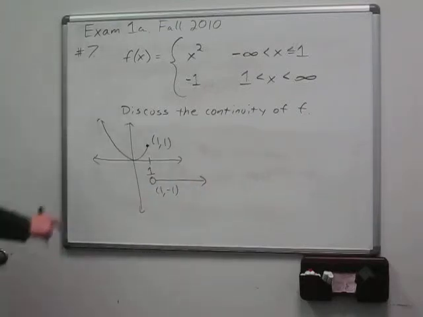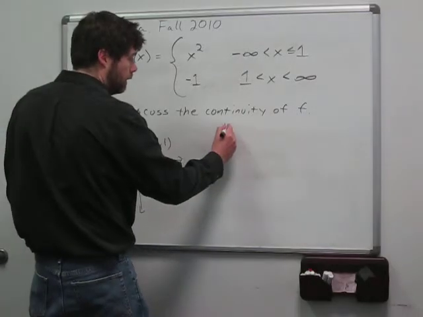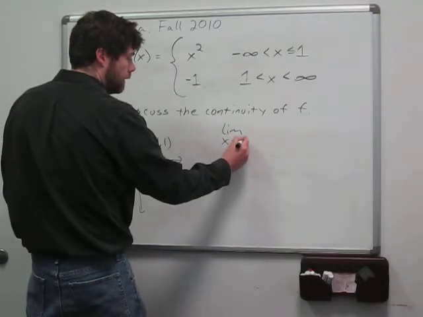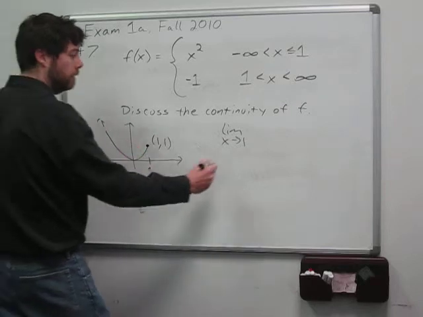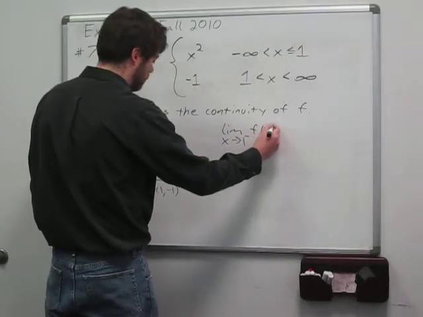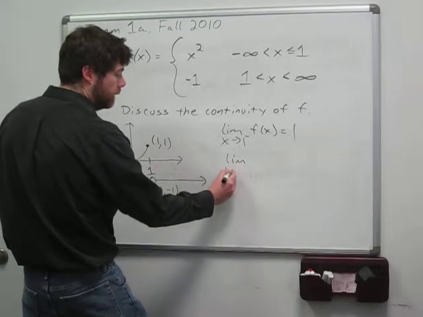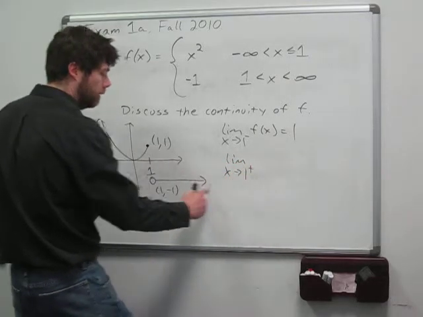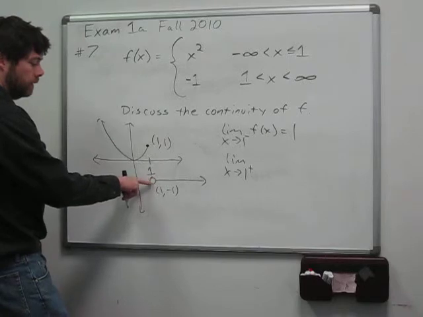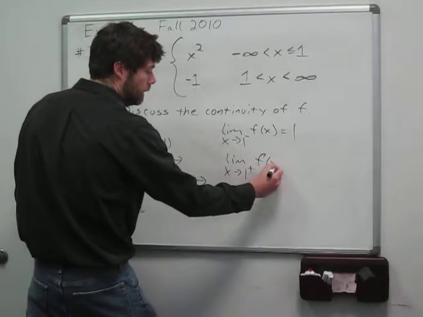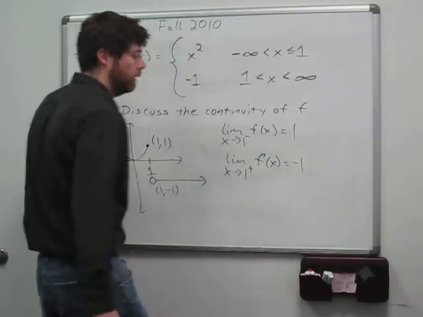So we notice that the limit as x approaches 1 from the left is equal to 1, and the limit as x approaches 1 from the right along this piece is going to be equal to -1.